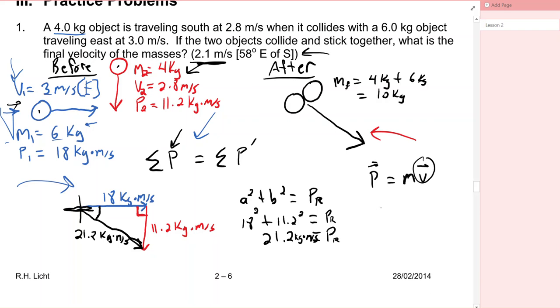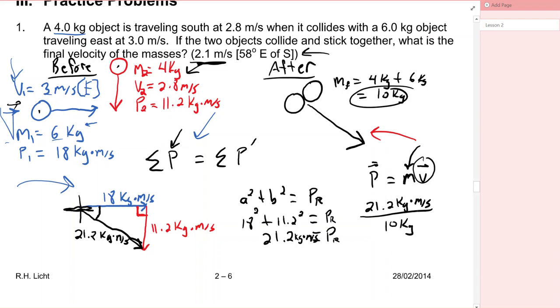So we'll say 21.2 kilograms times meters per second divided by, now which mass do I divide by? Well, this is the final. That's them together, the two things stuck together. So it's going to be 21.2 divided by 10 kilograms.